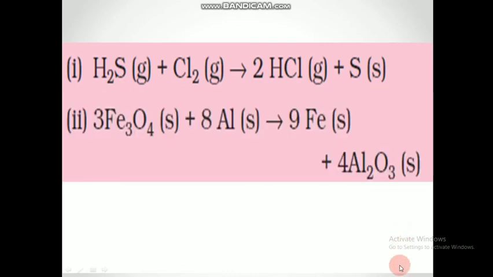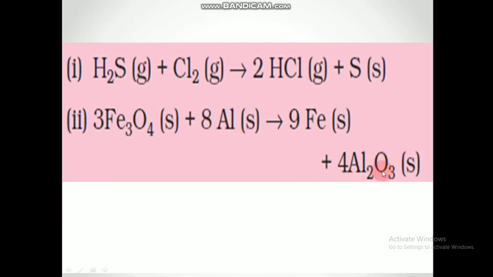Next we will see another example. Fe3O4 plus Al gives Fe plus Al2O3. In this case also Fe3O4 is converted to Fe. Iron is losing oxygen, so removal of oxygen is reduction. So Fe3O4 is getting reduced to form Fe. In case of aluminium, aluminium is getting added with oxygen.